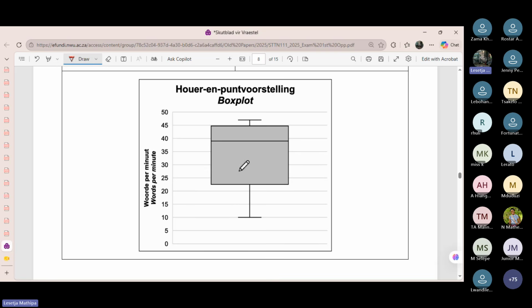Okay. So here, when we look at this box plot, you know that a box plot uses a 5-number summary: minimum, lower quartile, median, third quartile, maximum. But look at this. Between this side here and this side, which side are you going to put your minimum?